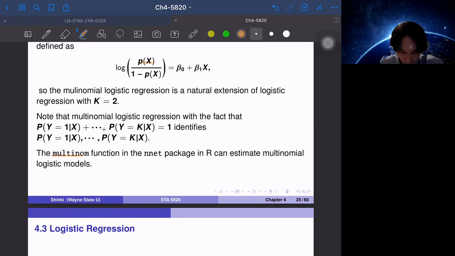A neural network is basically two layers of logistic regression. We don't cover neural networks in this course, but because of that structure, neural nets and logistic regression are pretty similar. That's why the nnet package includes multinomial logistic regression.